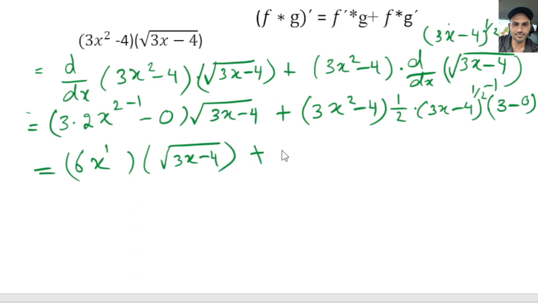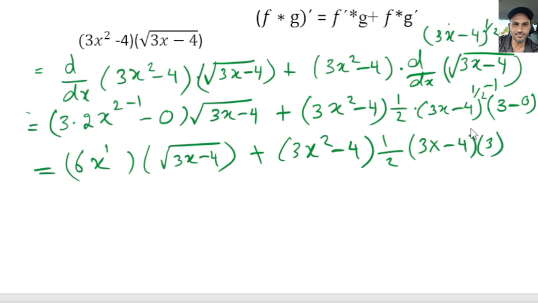And then this multiplies with the square root of 3x minus 4. Plus we have this. This is just 3x squared minus 4. And then we have 1/2 here multiplying 3x minus 4 times 3. And 3x minus 4 to the 1/2 minus 1 is negative 1/2. So, all right, this is really the final answer.